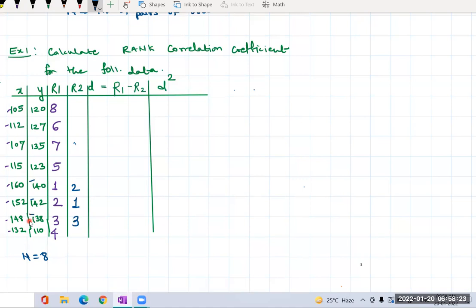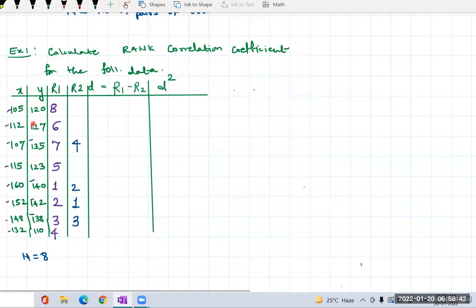इसको भी मैंने छोटा सा टिक कर दिया. उसके बाद कौन है इधर ऊपर, ये 135 है, तो उसको दिया चौथा रैंक. 1 2 3 हो गए ना, तो नेक्स्ट चौथा आएगा, फिर इसको भी टिक किया. Then what you have is 127, बराबर.